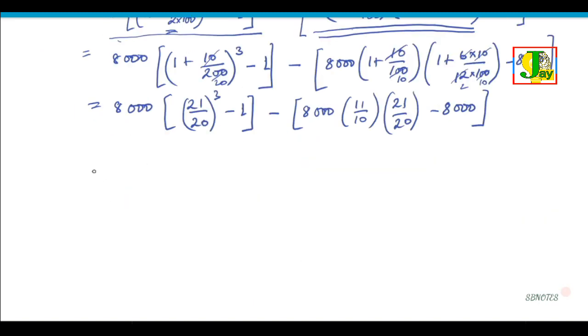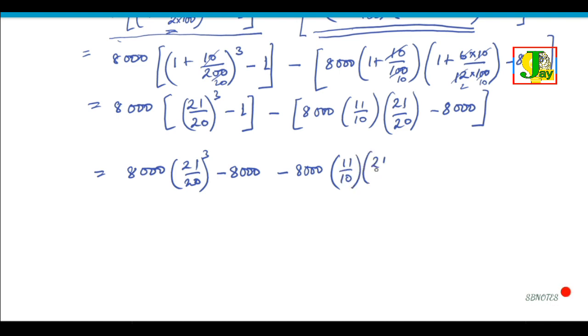Now if you open the brackets, this becomes 8000 into 21 by 20 whole cube minus 8000, this becomes minus 8000 into 11 by 10 into 21 by 20, and this becomes plus 8000.